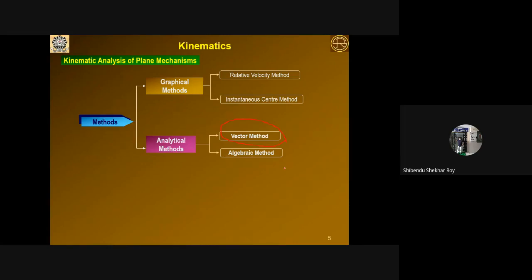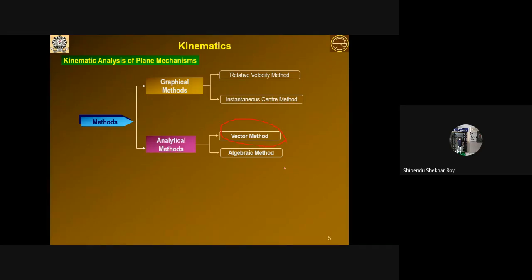That is why, in order to understand physically how the motion works, you can solve a few problems graphically, but most of the time in the exam you have to solve by the analytical method, because you can easily solve it manually as well as by writing your own code.